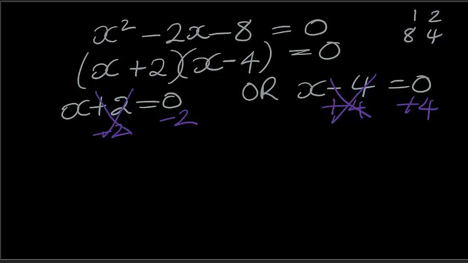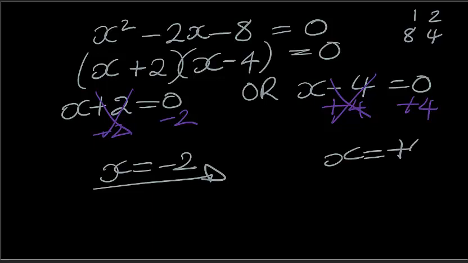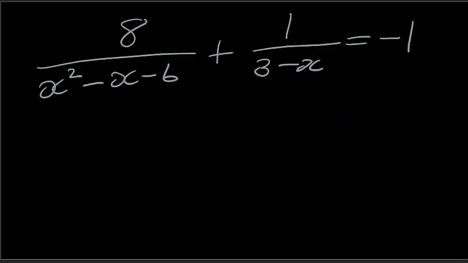So my final answer is going to be x equals minus 2 or x equals positive 4. Okay, notice how where this is a plus 2, if it's plus 2, then the answer is minus 2. If it's minus 4, then the answer is plus 4. Next question.